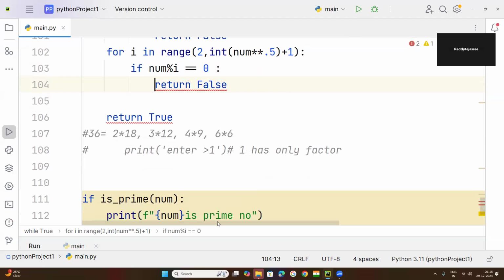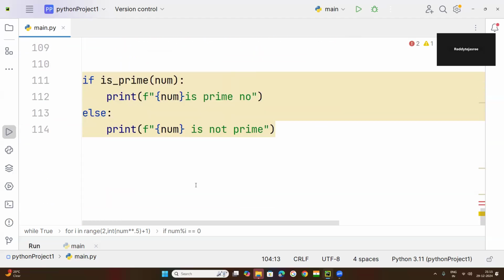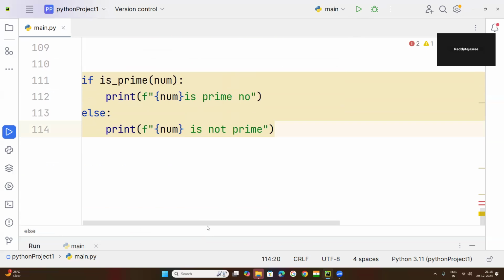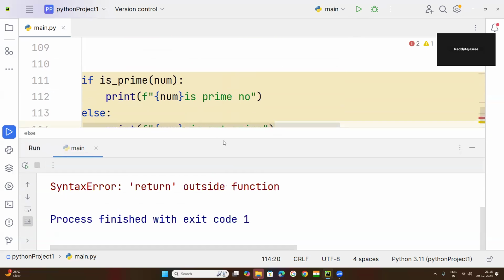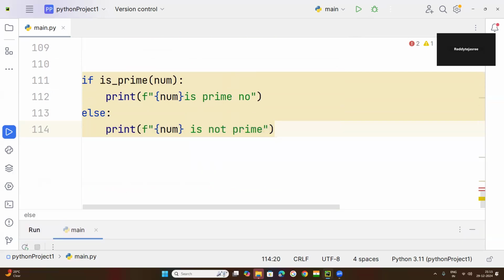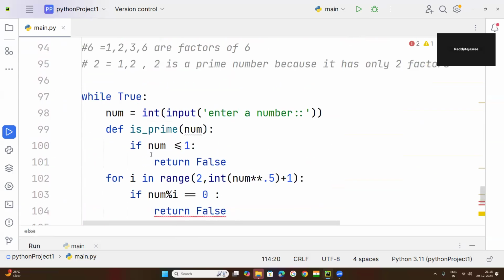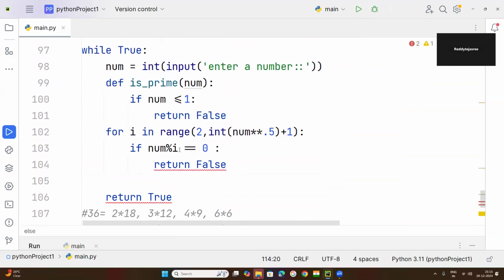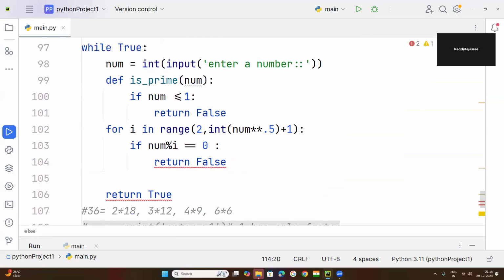Actually, what happened at that moment? See, return outside function. Where is our function? This is the function. This is the function. Outside the function.